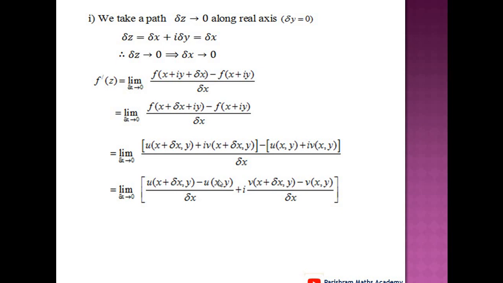Here the term of x is variable and the term of y is constant in both terms upon delta x, and as limit delta x tends to 0, the value of this limit is nothing but the partial derivative of function u with respect to x, and the value of the second is nothing but the partial derivative of function v with respect to x, that is ux plus i times vx. Therefore f dash of z equals ux plus i vx, which is equation 1. This is the value of f dash of z along the real axis.